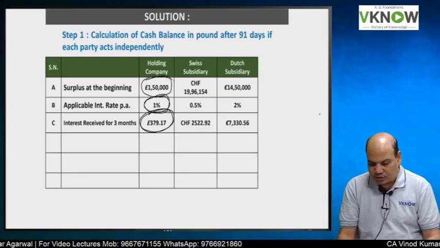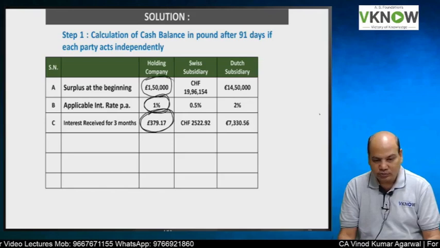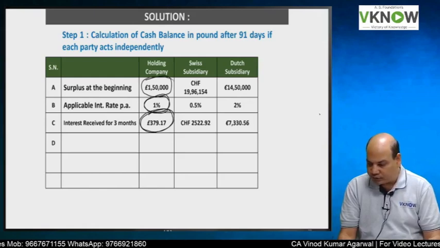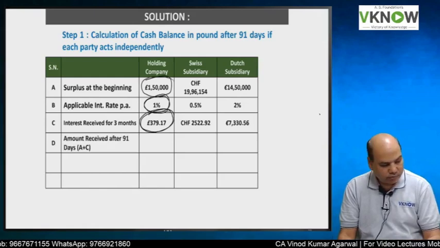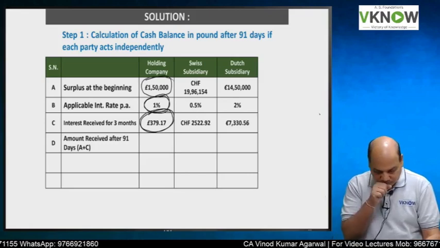Anybody for Dutch subsidiary? 14,50,000 into 2% into 91 by 360. Yes, what is the answer? 7330.56. Very good. Point number D, amount received after 91 days.